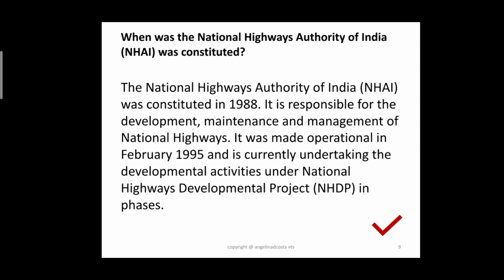The National Highways Authority of India (NHAI) was constituted in 1988. It is responsible for development, maintenance and management of highways. It was made operational in February 1995 and is currently undertaking the developmental activities under National Highway Development Project in phases.